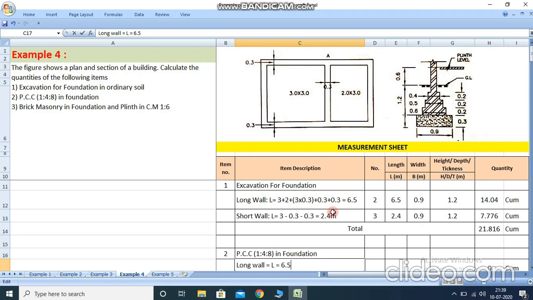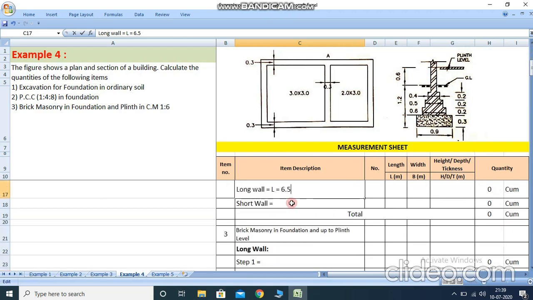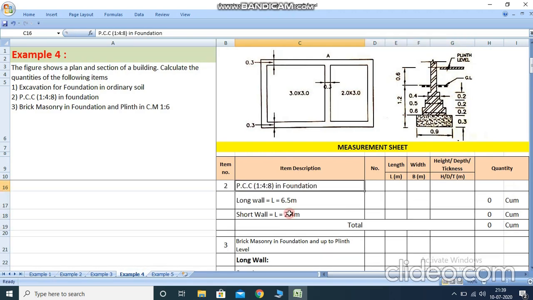Clear? And for the short wall length we calculated L is equal to 2.4. So all the dimensions are in meter, so we put meter here. Clear? Now in the PCC work for foundation, there are two long walls, 1 and 2.